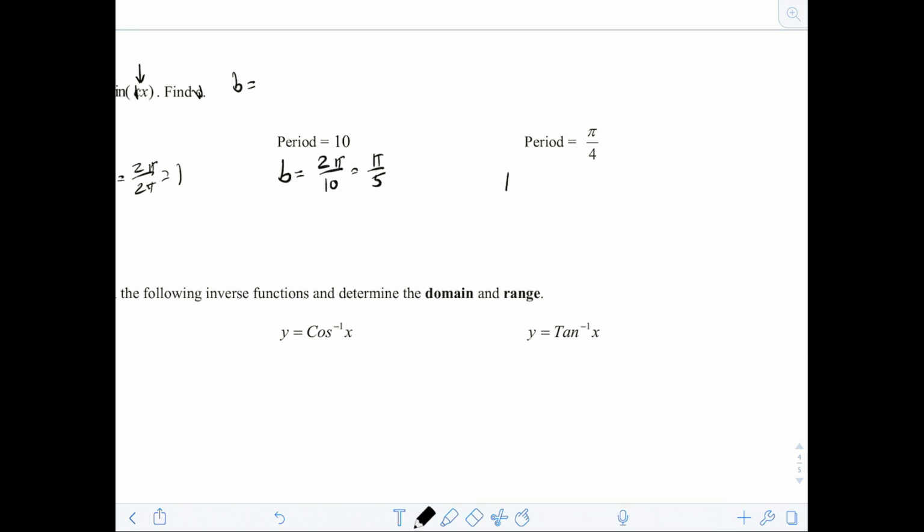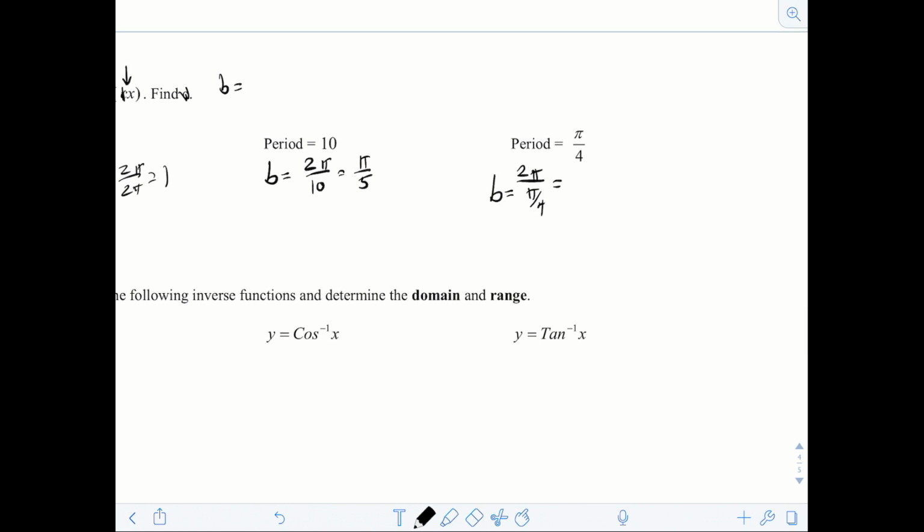And then the last one, b is going to be equal to 2 pi over pi divided by 4. Now this looks very weird, so I'm going to rewrite it a different way. I'm going to say 2 pi multiplied by the reciprocal of that, because instead of dividing by something, you can always multiply by the reciprocal. So that would be 4 over pi. Cross off the pi's, and so we get 8. So the b value in that case is 8.